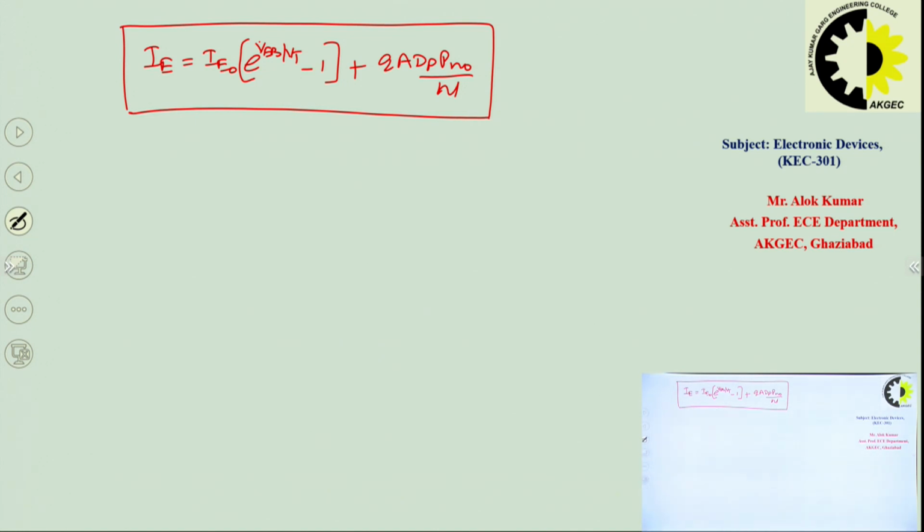Similarly, we can find the value of IC. We know IC is equal to ICP plus ICN. What will be the value of ICP?